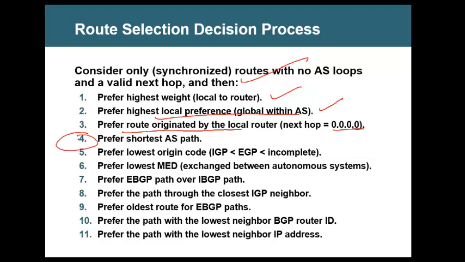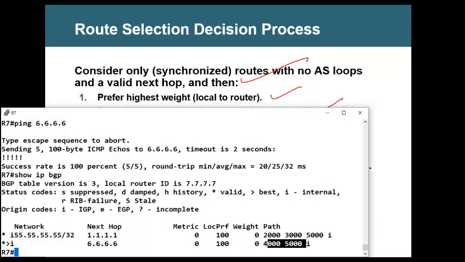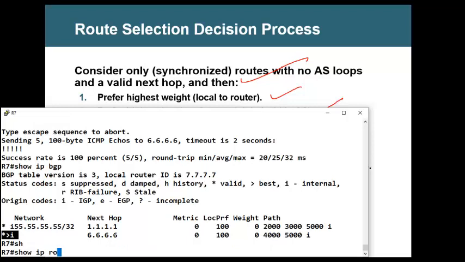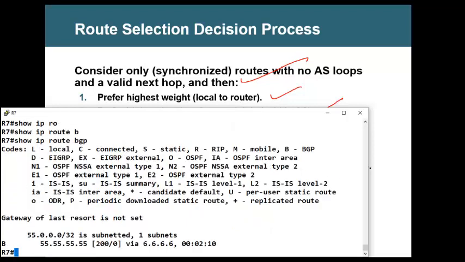You see, this is shorter, this is longer. The shortest AS path is via router 6. It is taken. So now if you check show ip route bgp, you have the route to reach the 55 network via 6.6.6.6, router 6. See the topology?